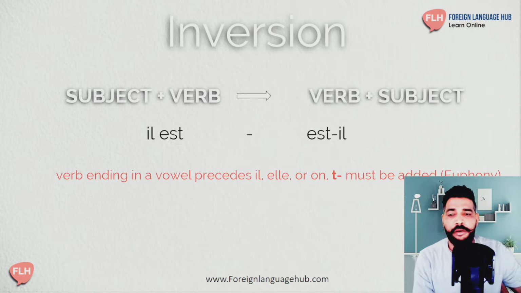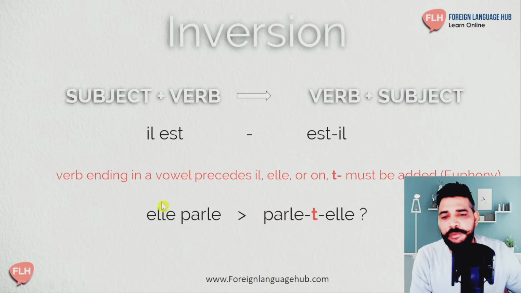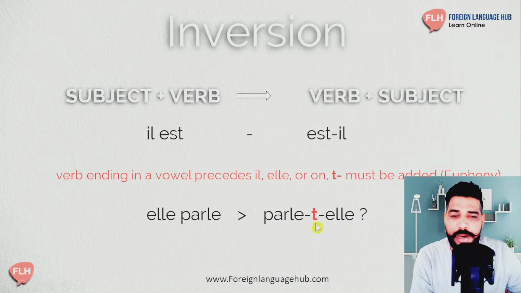Now in the case of il, elle, on, if we are doing inversion, we have to put an extra t between the verb and the subject pronoun. Here is an example. Elle parle. Now if we do inversion here, it will be parle-t-elle.